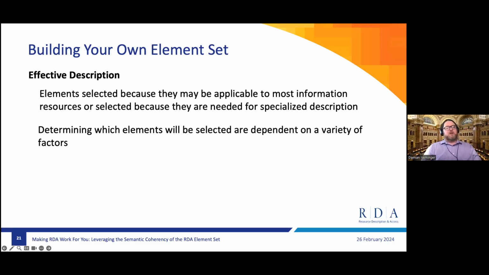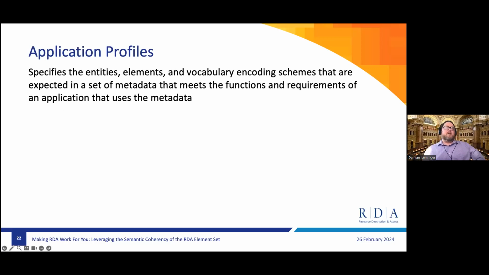And building your own element set leads into the idea of an application profile. In the context of RDA, an application profile specifies the entities, elements, and vocabulary encoding schemes that are expected in a set of metadata that meets the functions and requirements of an application that uses the metadata.